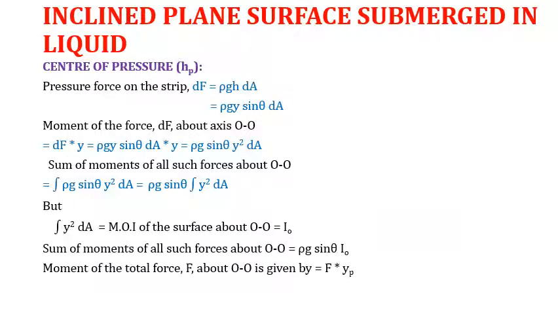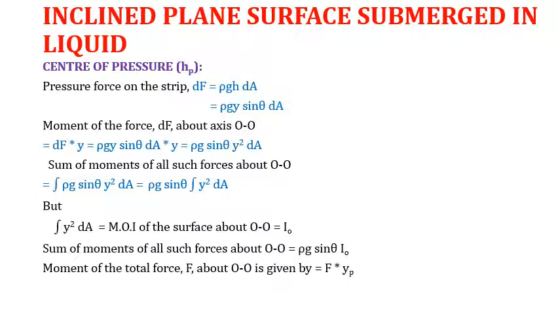Let's determine the center of pressure for an inclined plane submerged in a liquid. The pressure force on the strip dF is rho gh dA. If you observe the inclined plane from the OO axis, this case is as simple as a vertical surface from the free liquid surface, because all the dimensions are perpendicular to the OO axis.